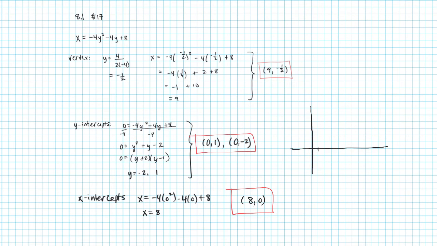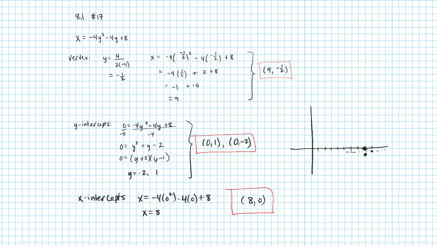Let's see, 1, 2, 3, 4, 5, 6, 7, 8, we're at 0. And at 9, we're at a half. I know that there is an axis of symmetry that goes through that vertex. So there'll be another point mirrored across that 8, 0. So there would be one at 8, negative 1.